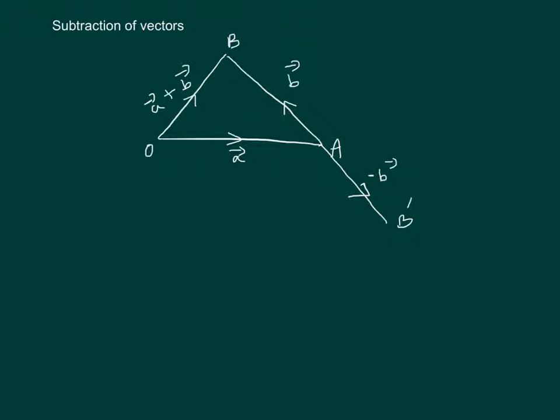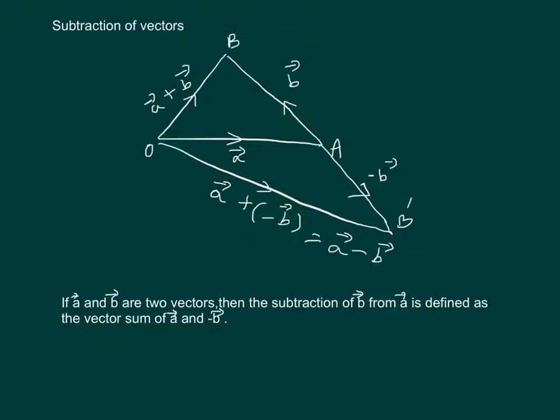Then OB dash will represent vector A plus minus of vector B, which is the same as vector A minus vector B. That means if A and B are two vectors, then subtraction of B from vector A is defined as the vector sum of A and negative of vector B.